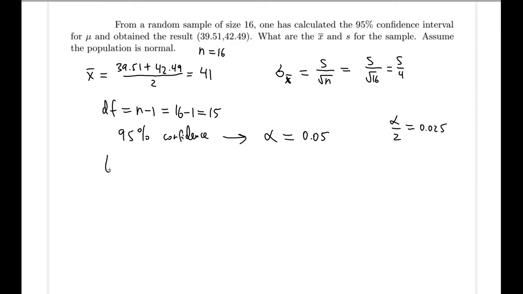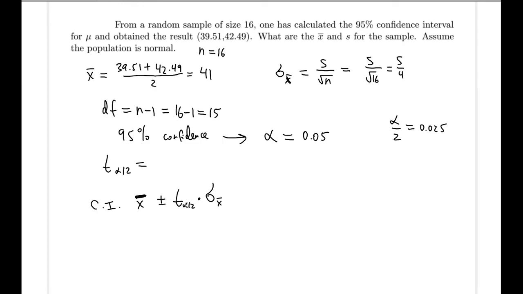Now we need to find the t-value at the alpha over 2 level using the t-distribution table. And by the way, what is the confidence interval formula that we're going to use after we find the t-value? It's x bar, the sample mean, plus minus the t-value at the alpha over 2 level, multiplied by the standard deviation of the set of sample means, or the standard error.